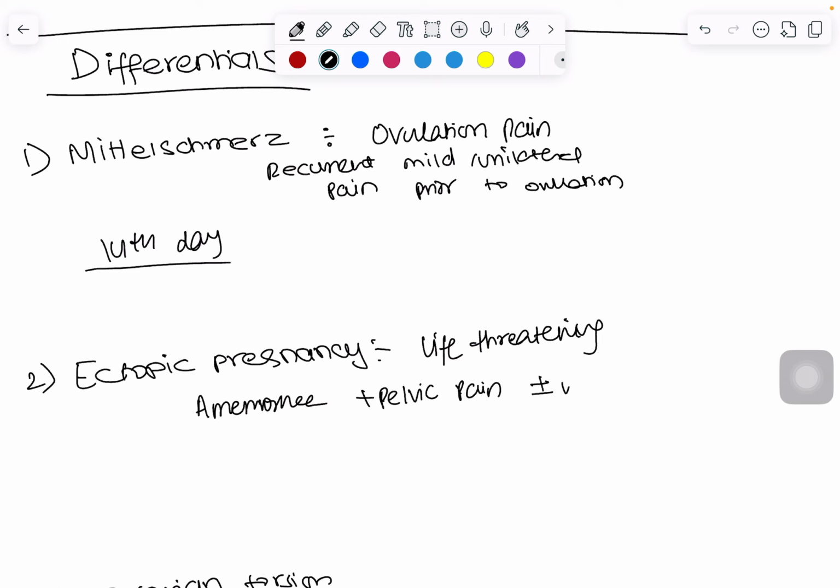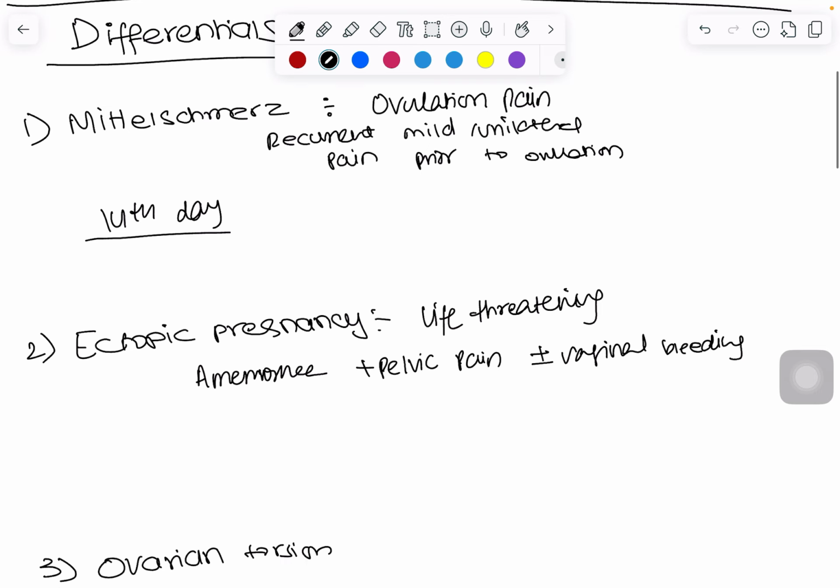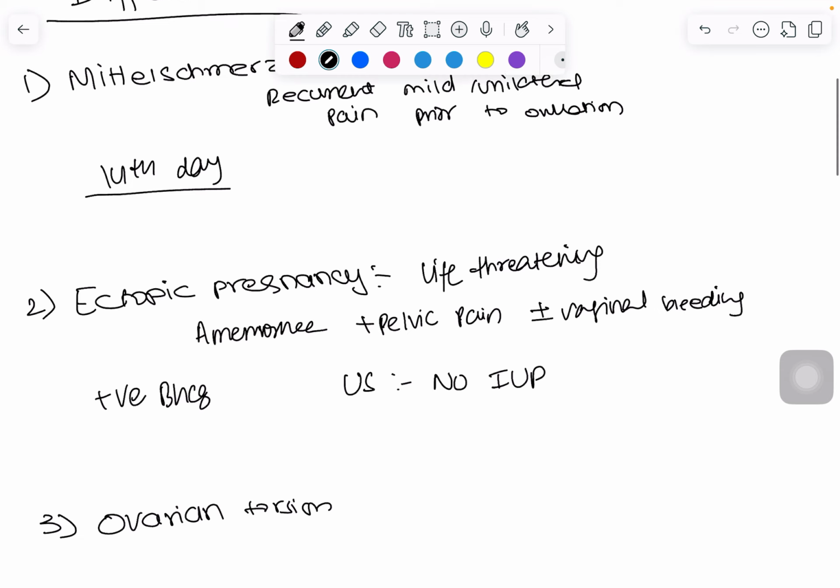She might or might not have some vaginal bleeding as well. Pregnancy test will be positive, so positive beta HCG, and ultrasound will show that she does not have an intrauterine pregnancy. So this is the clinical presentation of an ectopic pregnancy.